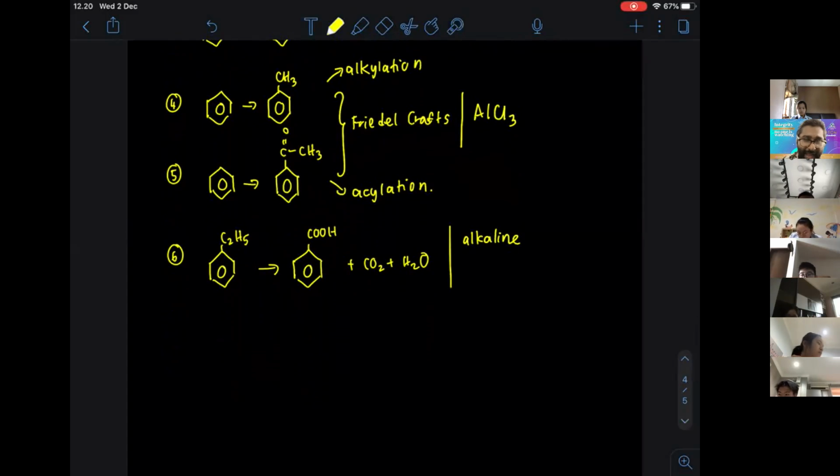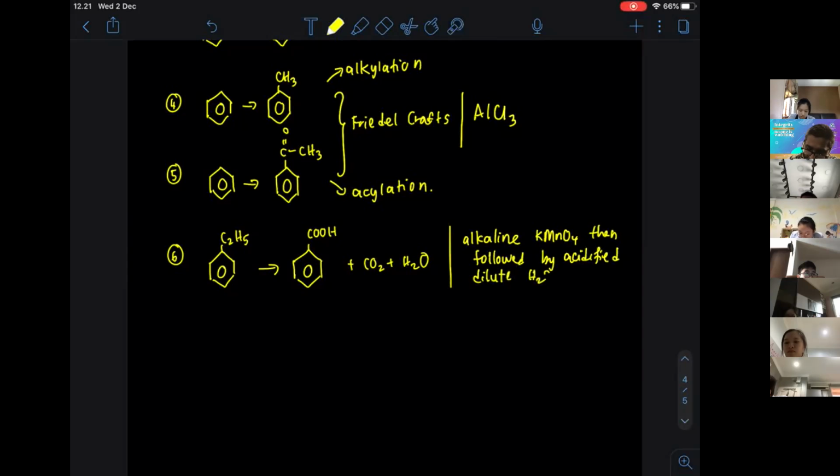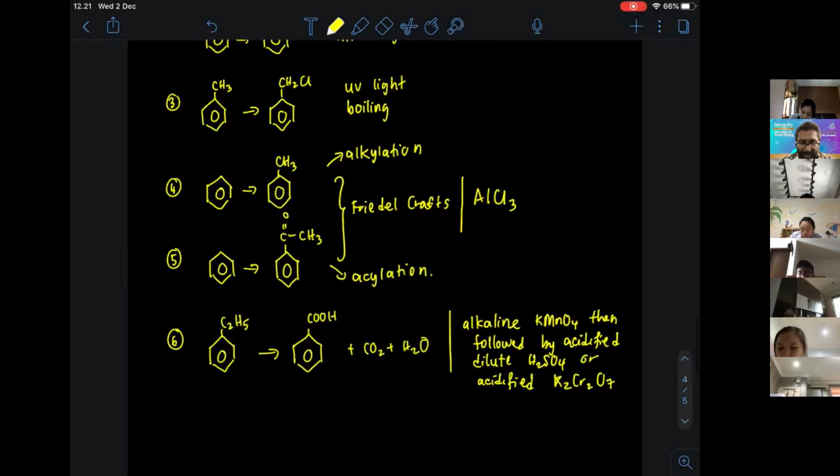Alkaline potassium manganate, then followed by acidified dilute H2SO4, or they say acidified K2Cr2O7, potassium dichromate. So these are the things that you need to know about the reactions of arenes.